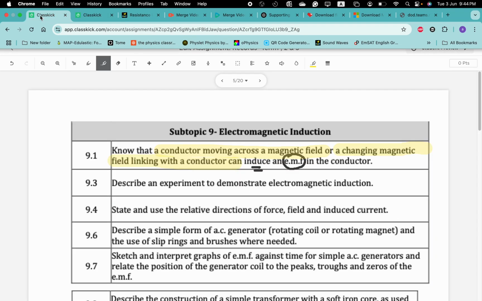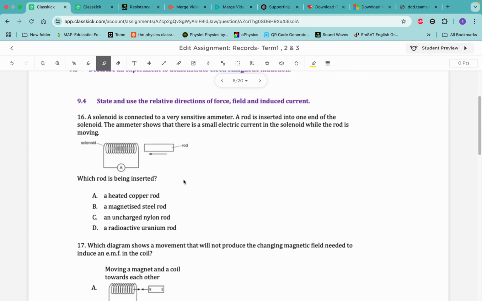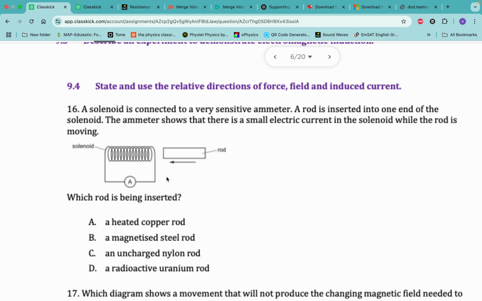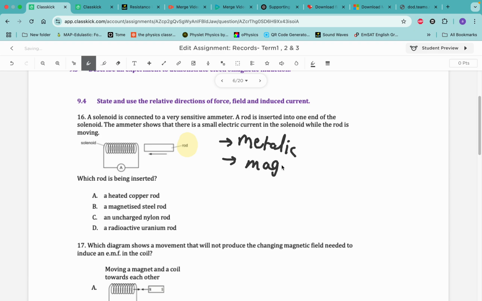So question 1 here talks about this idea. If we have a solenoid, which is a coiled wire connected to a very sensitive ammeter, a rod, we don't know the nature of this rod, it was just a rod, it's not mentioned, is it a metallic rod, iron rod, is it a magnet or a magnetized iron, magnetized material.